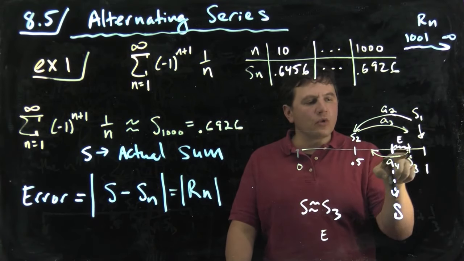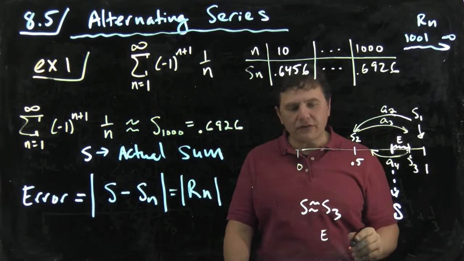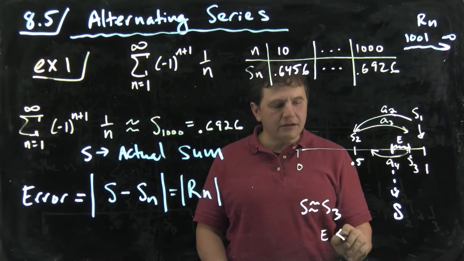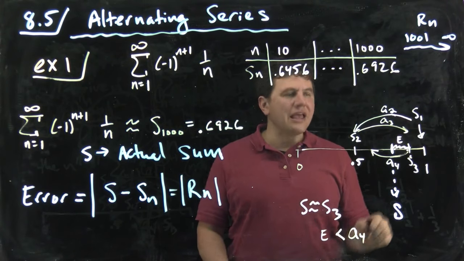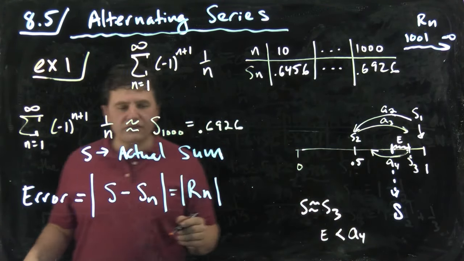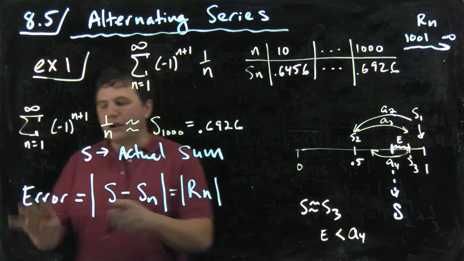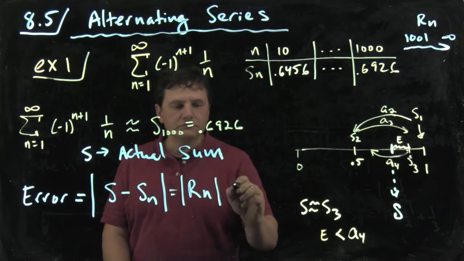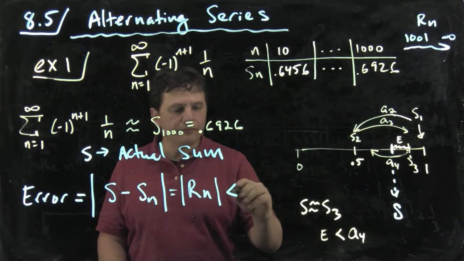Because keep in mind, we're going to leapfrog that when we subtract the A sub 4. So the error is actually going to be less than the next unused term. And that's true for any of these values. So the great thing about alternating series is that our error will be less than our first unused term.